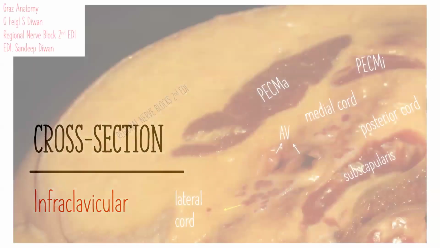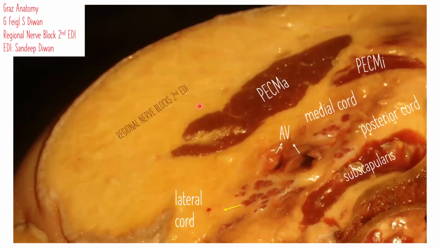When you come to the cross sections, you look at the pectoralis major, you look at the pectoralis minor, and below the pectoralis minor would be the neurovascular structure, which is always on the second rib, and the subscapularis muscle, which comes into the picture here.